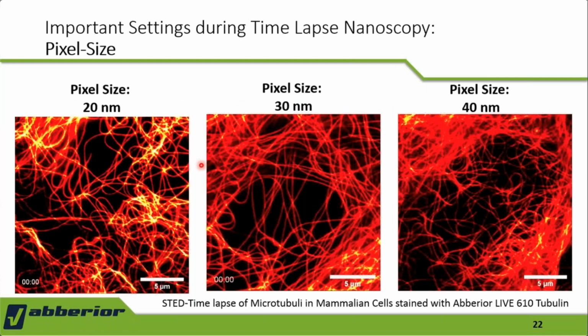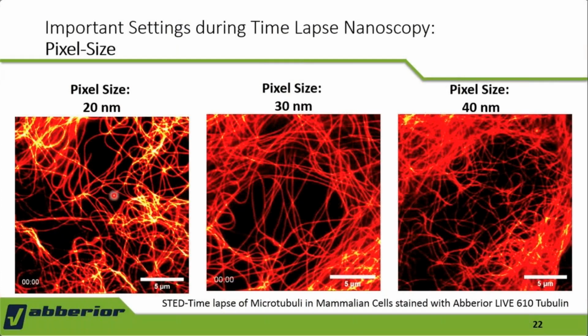Now, to show you this in an example, we stained mammalian cells again with Live 610 tubulin, and we kept everything equal except for the pixel size. So that's 20 nanometer, 30, and 40 nanometer.